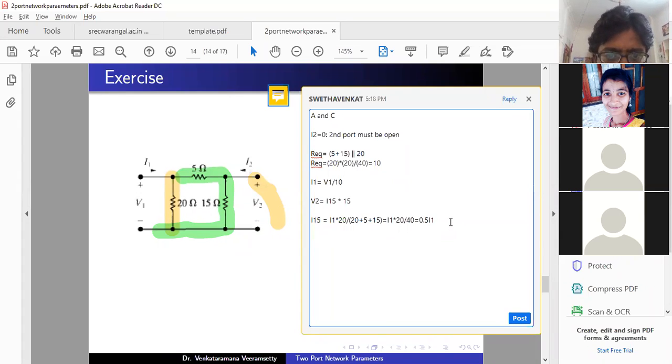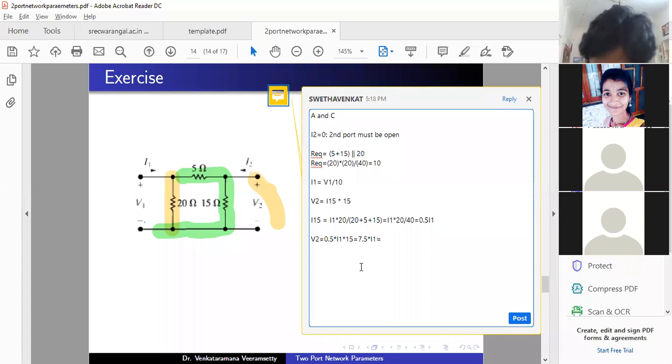Now my aim is to calculate V2. V2 equals I15 into 15, and I15 equals 0.5 into I1, so that's 7.5 into I1.